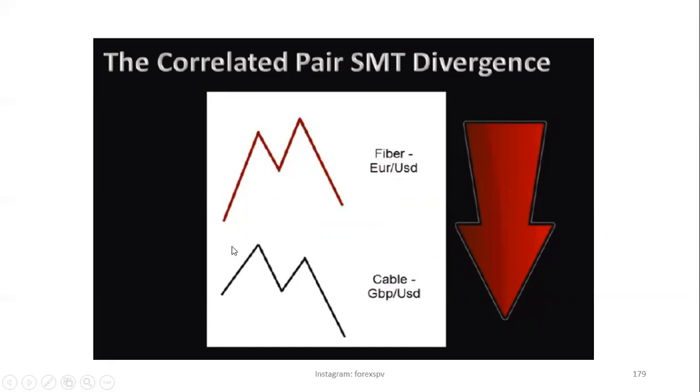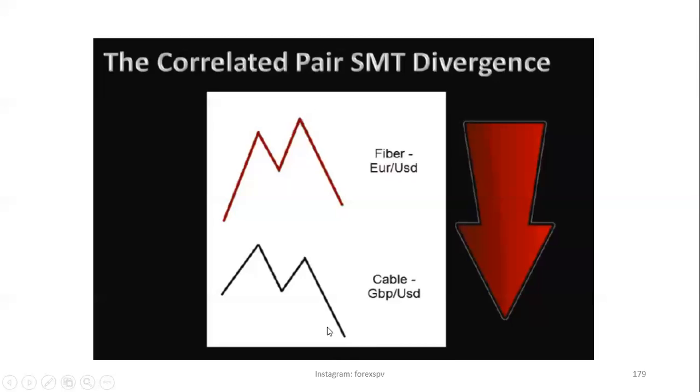You need to monitor these pairs around the anticipated area of reversal, so a support area or a resistance area. You'd find sometimes one pair is forming a higher high and another is forming a lower high. Usually the one forming a lower high would move first, and the other will come in late.